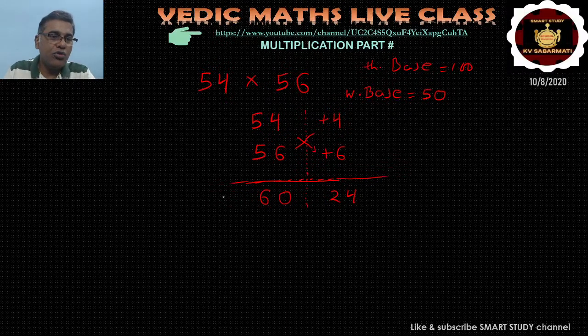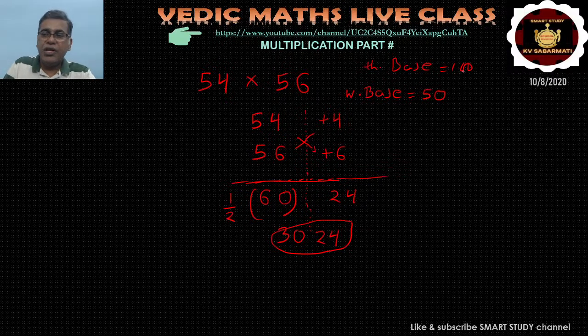So whatever number you get on the left-hand side has to be multiplied with half. Half into 60 is how much? 30, and the other part is 24. So our answer is 3024. Is it clear?